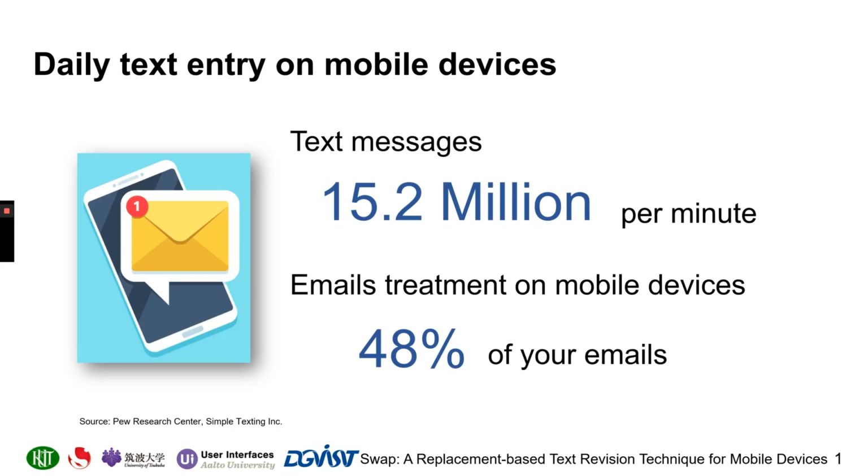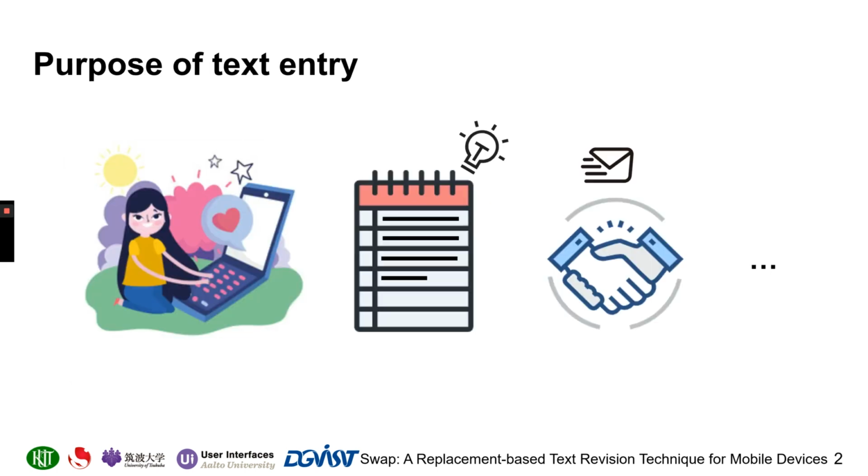Nowadays, mobile devices are dominant tools that we cannot avoid. According to the report from Pew Research Center, 15.2 million messages are sent a minute, and 48% of emails are opened and dealt with on devices such as smartphones and tablets. Usually, we don't type on the smartphone just for fun.